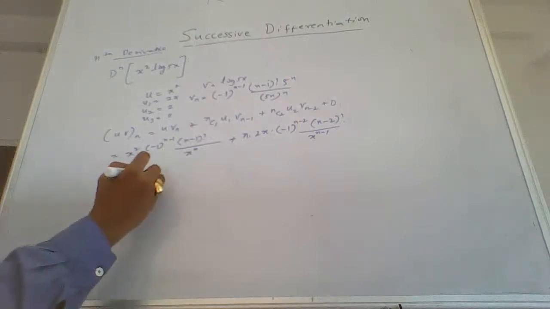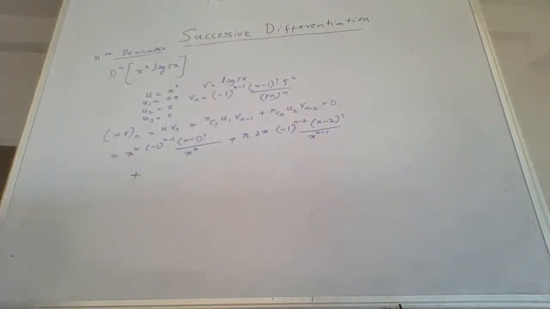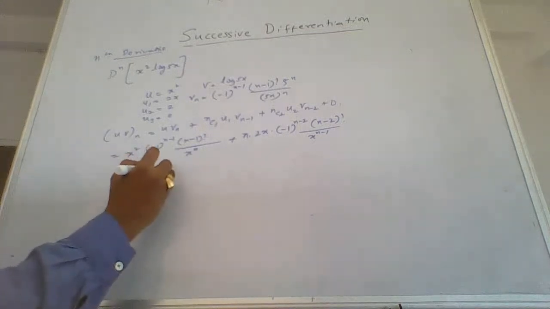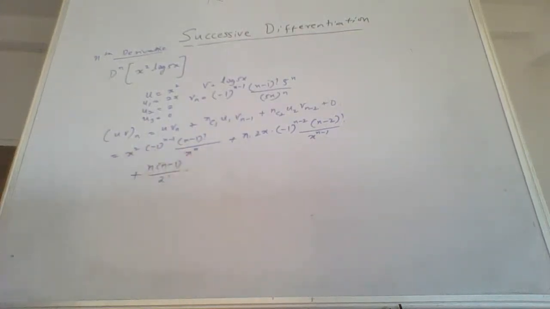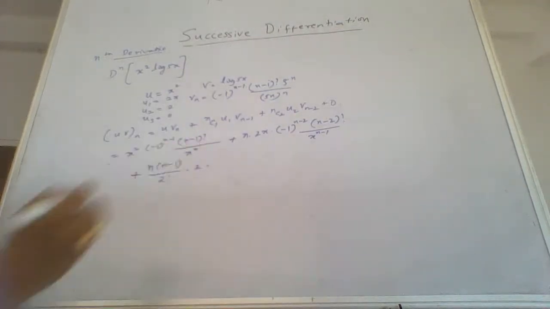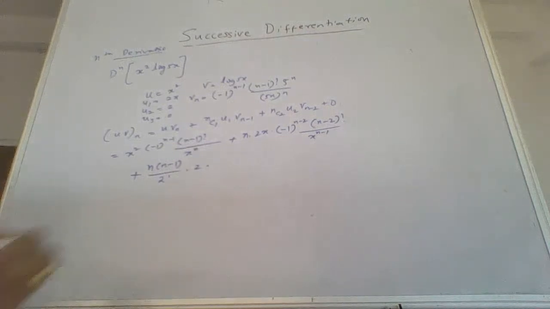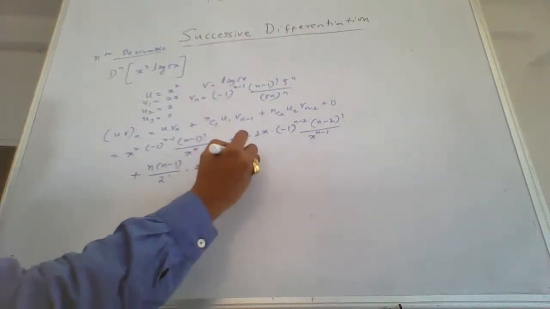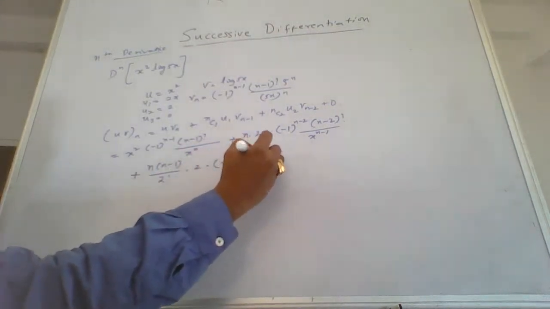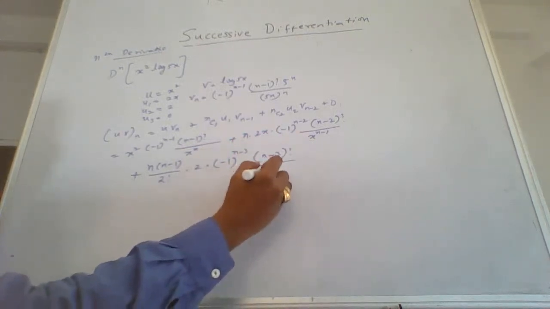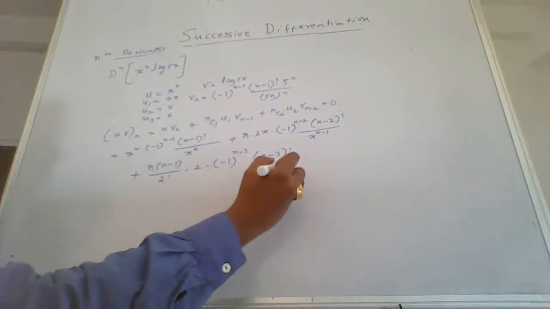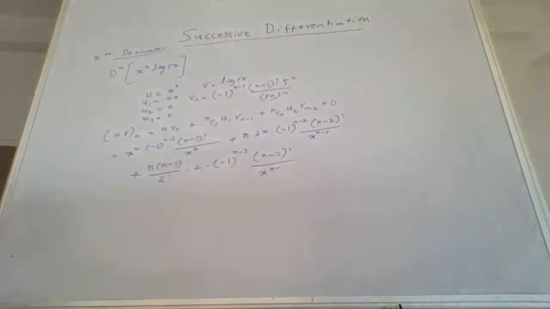And we have one more factor, which is n into n minus 1 divided by 2 factorial, into 2, and this is minus 1 to the power of n minus 3, n minus 3 factorial divided by x to the power of n minus 2.